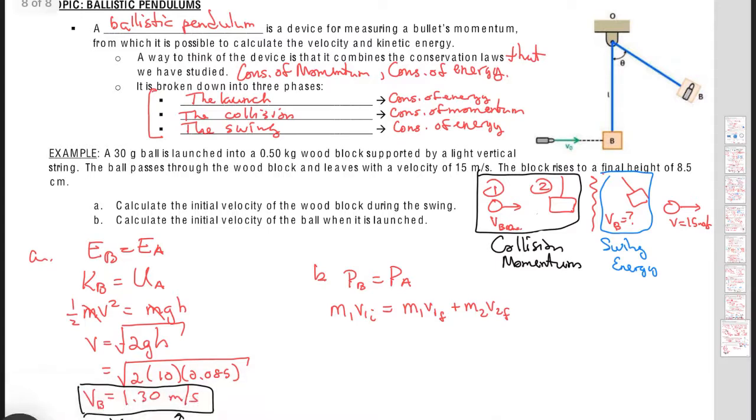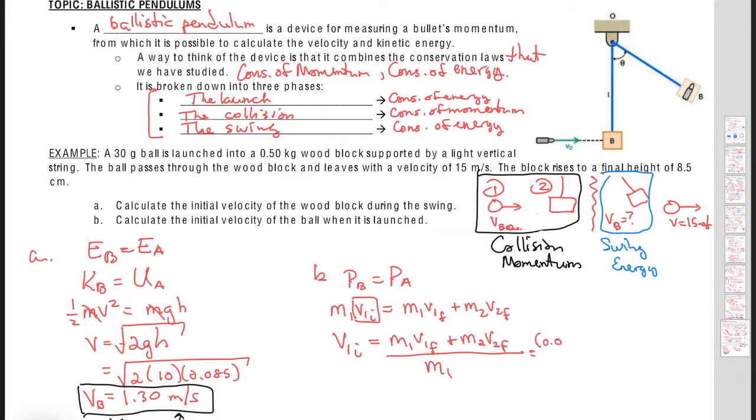And so now I'm going to solve the equation for V1I, and that's just going to be V1I equals M1 V1F plus M2 V2F, divided by M1. They give you the ball in grams, so you have to convert that.